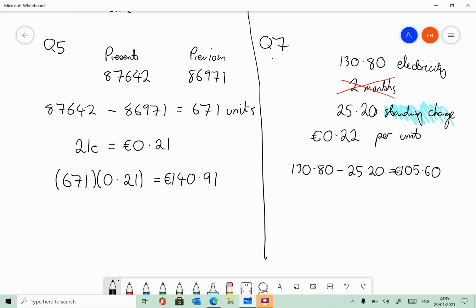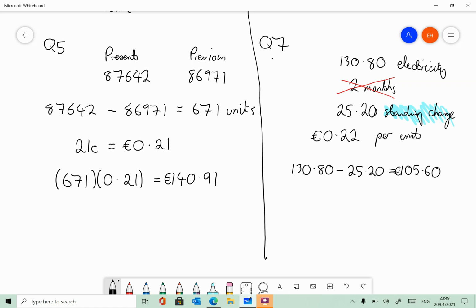So that's the amount of money, that €105.60, that's the amount of money she spent on electricity, on the actual units. So that's got nothing to do with the standing charge. So we need to find out how many units were in 105.60. So how many units fit into 105.60?